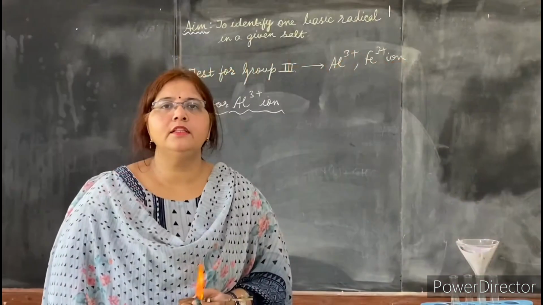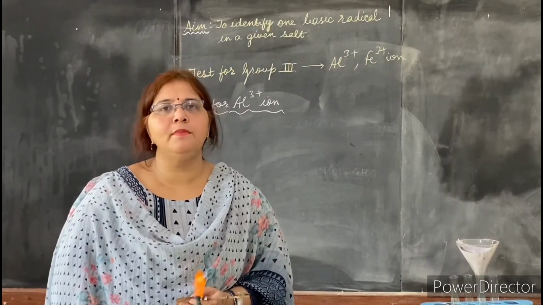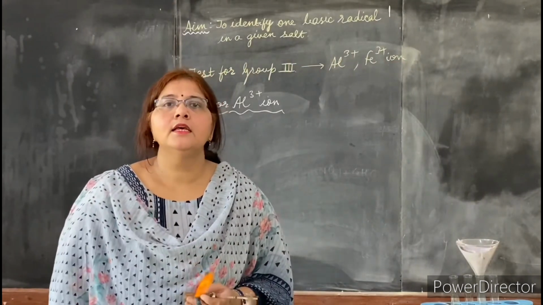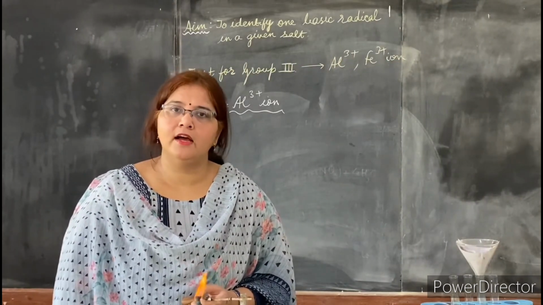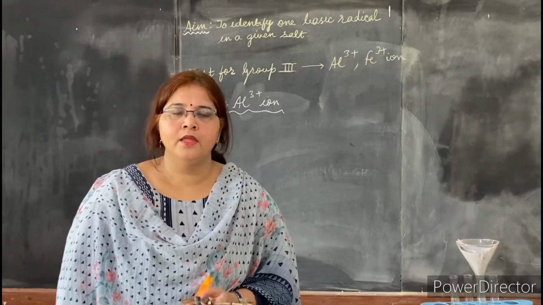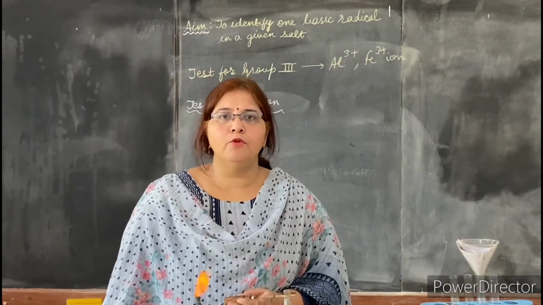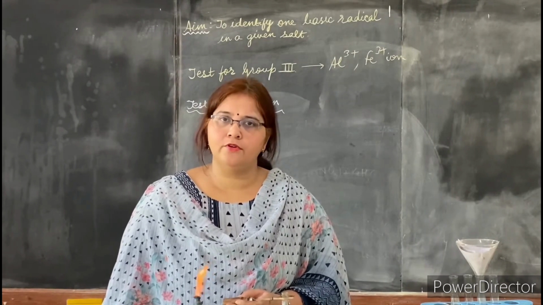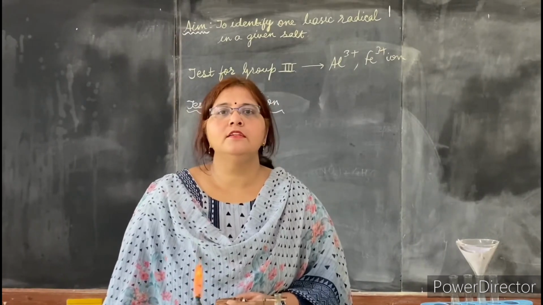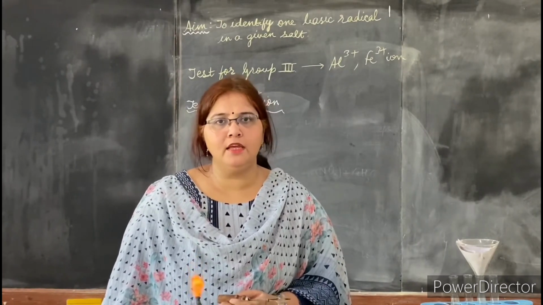I will demonstrate the test for the third group of the basic radicals. The third group contains aluminium and ferric ions as their basic radicals. The group reagent for this is dilute HCl, ammonium chloride and ammonium hydroxide. First, I will demonstrate the test for the aluminium ion.